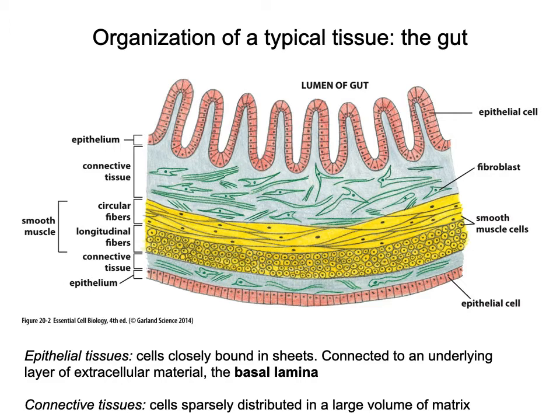So this is in the gut. So looking at this figure and working from the top down, at the top, this is where we would have our lumen of the gut, and then we see that layer of epithelial cells with the microvilli, the villi that are formed in the gut.